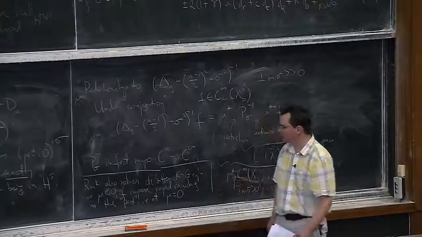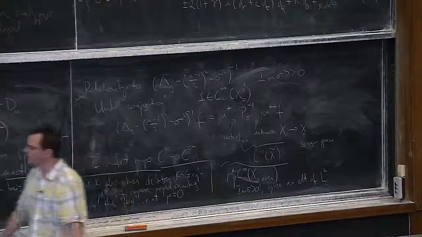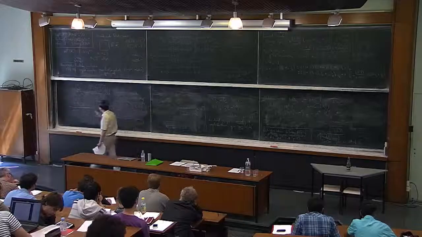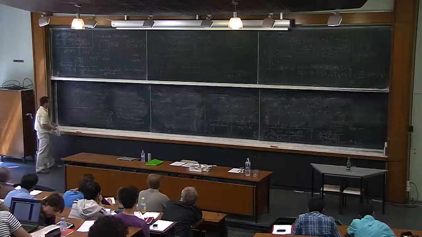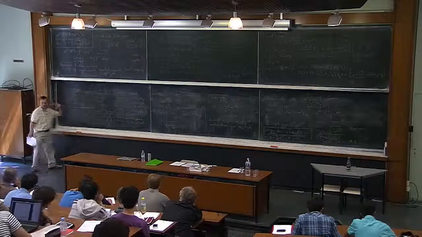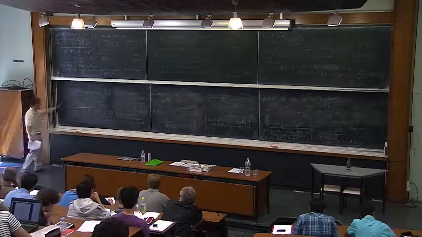If you decide that forward in time is going backwards in mu, so going this way, this also gives you the forward solution of the wave equation from here.